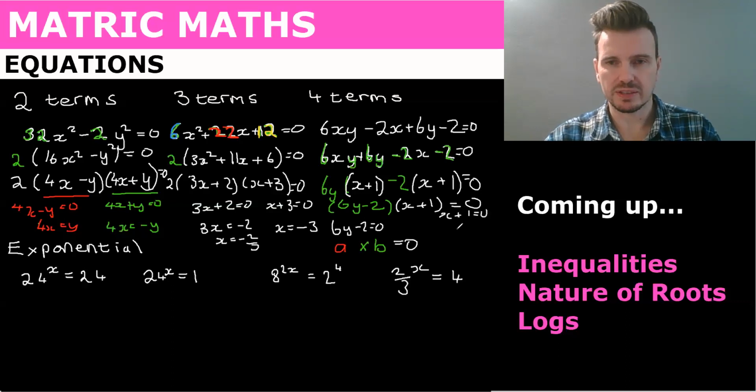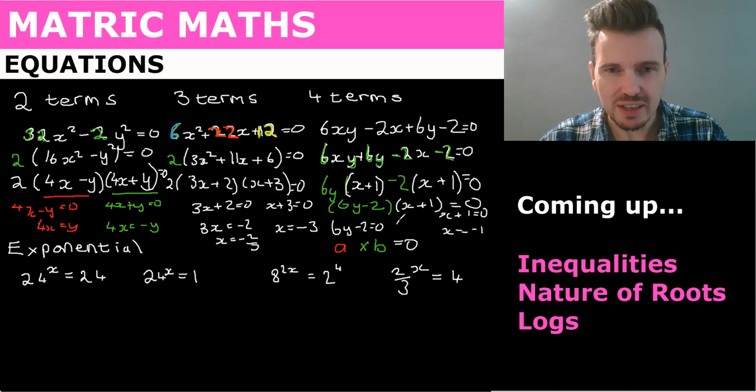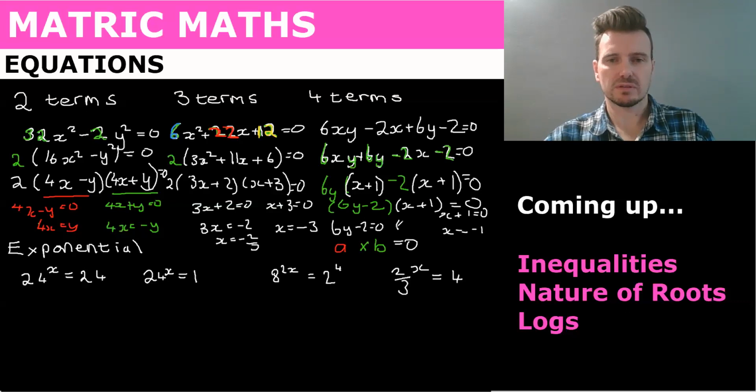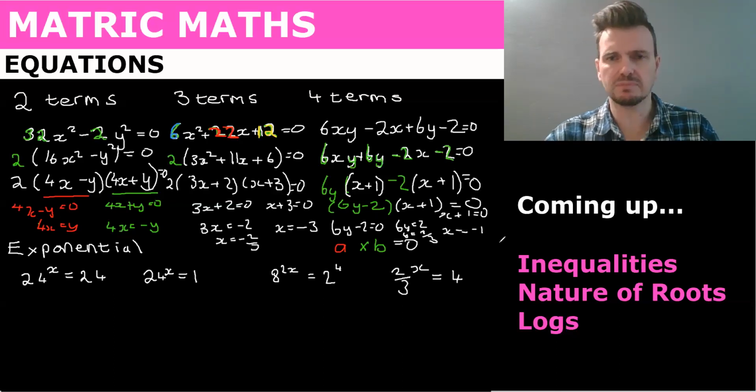So x equals minus 1, or not much space, 6y equals 2, and then y equals 2 over 6, which is a third. Okay, so those are your factorizing of your trinomials.